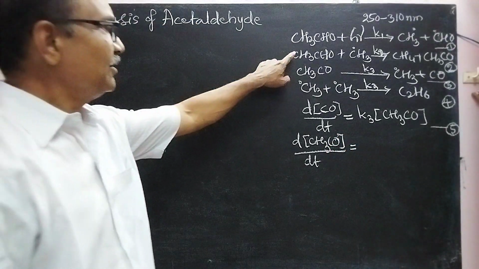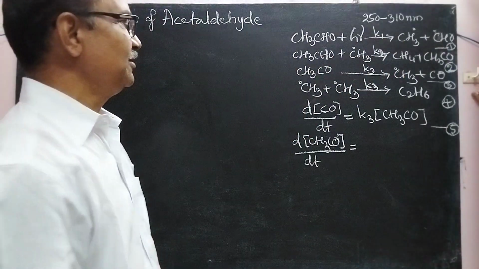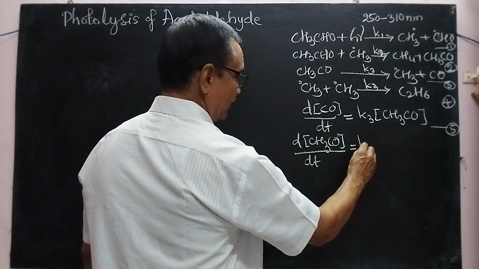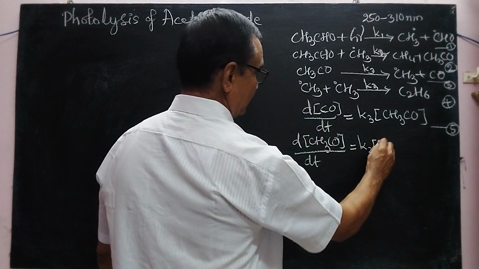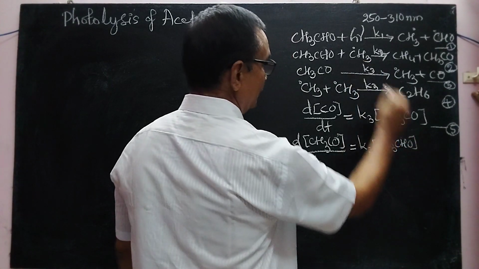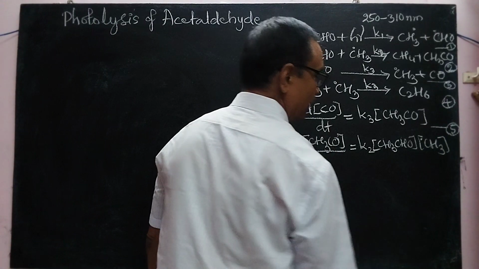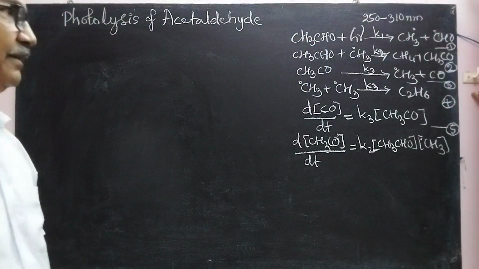Here, according to this reaction, the intermediate CH3CO is formed. That is equal to K2 into concentration of CH3CHO into concentration of CH3 dot, that is methyl free radical.